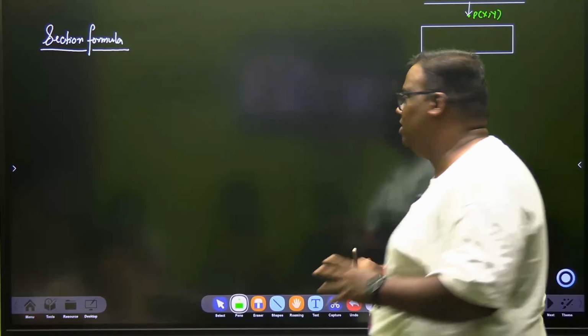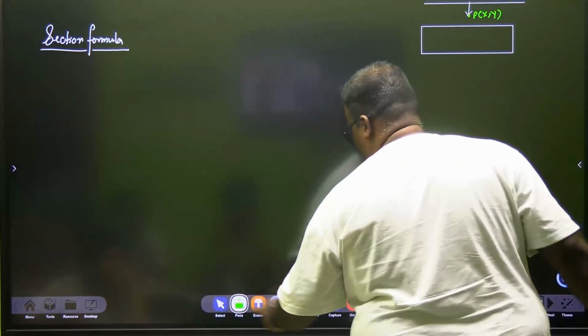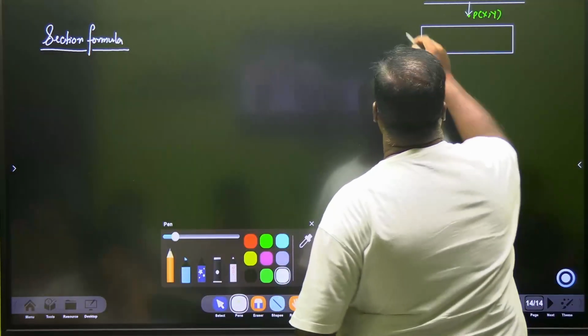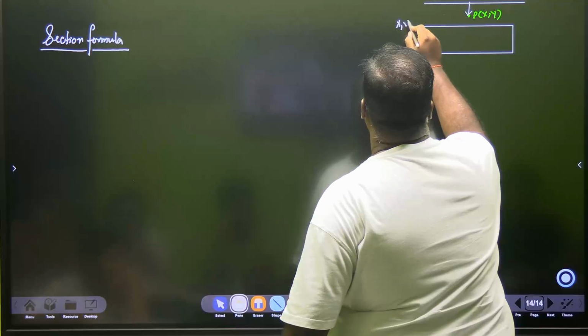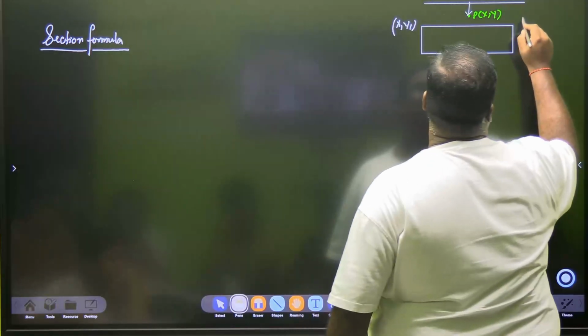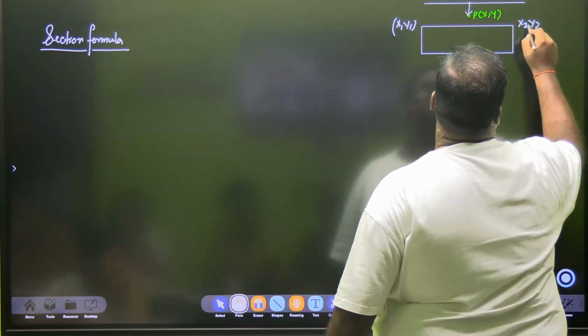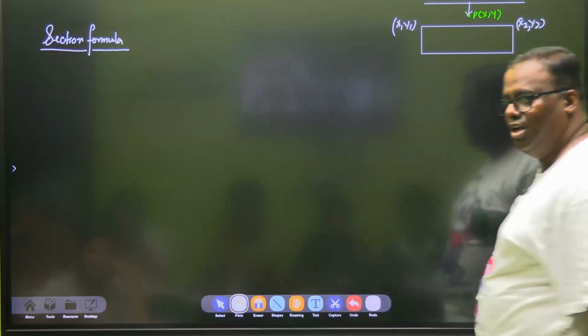So imagine that you are a graphics student, and what you are trying to do is give the coordinate of this side of the Dairy Milk and the coordinate of this other side. Have you understood?